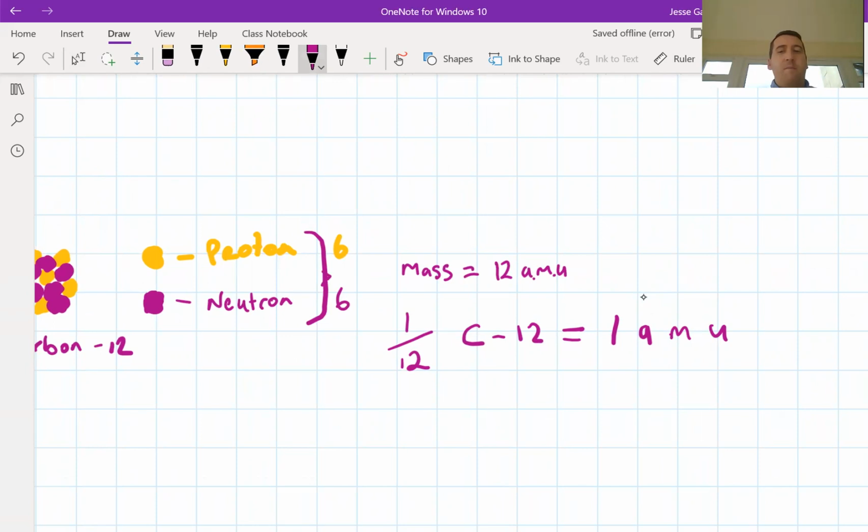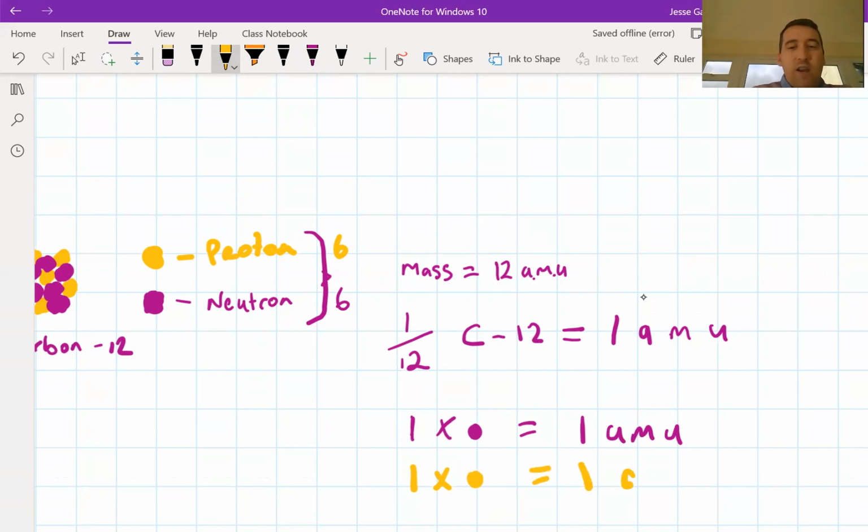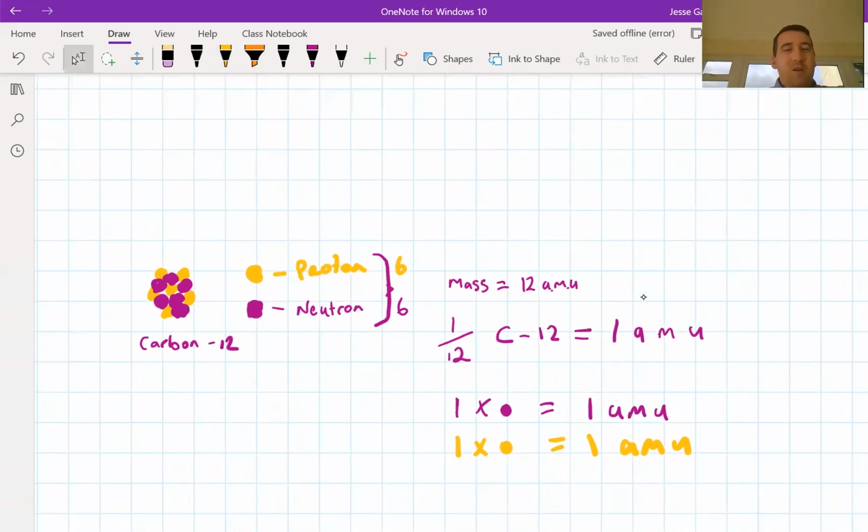What this means is that one of the neutrons has a mass of 1 AMU because it's 1/12 of a carbon-12 atom. And also one of the protons has a mass of 1 AMU, again, because there are 12 particles all together in the nucleus and it has a mass of 12 AMU, so any one of these has a mass of 1 AMU.